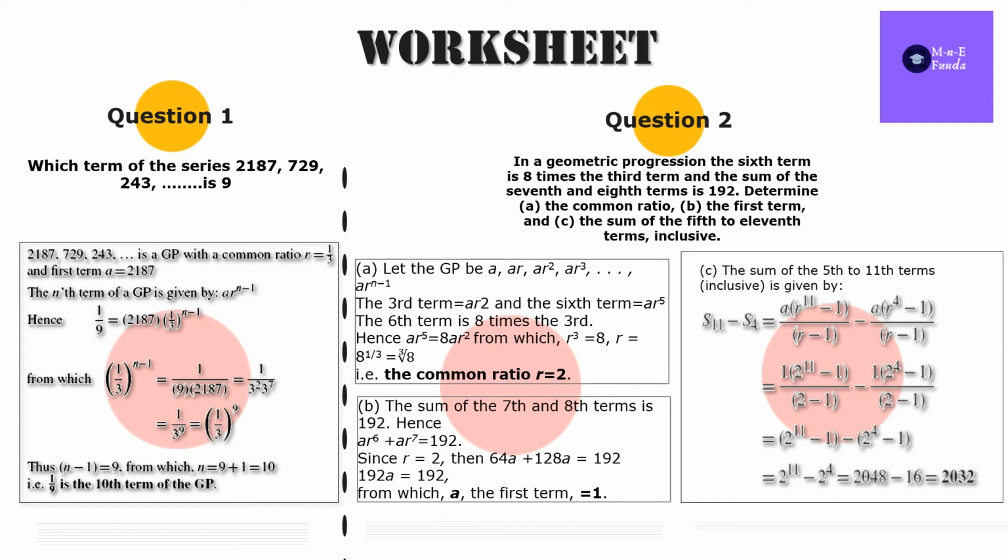So how do you find the common ratio? R equal to T2 by T1. Here T2 is 729 and the first term is 2187.